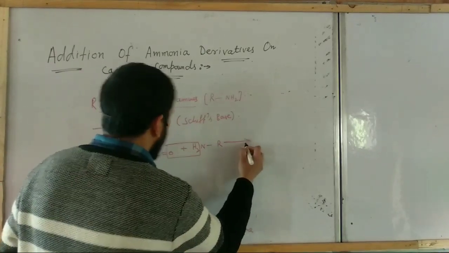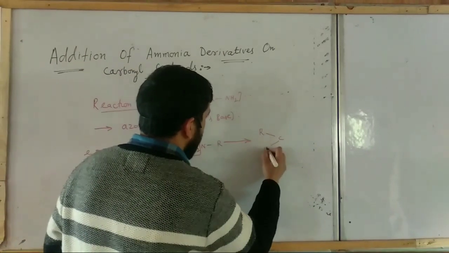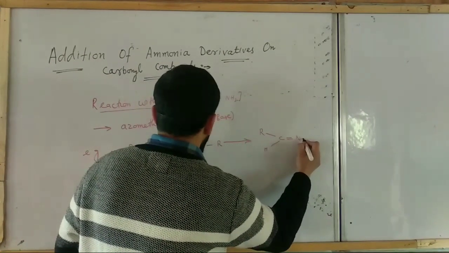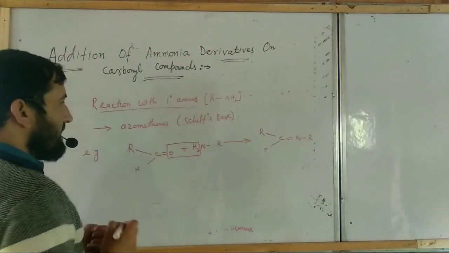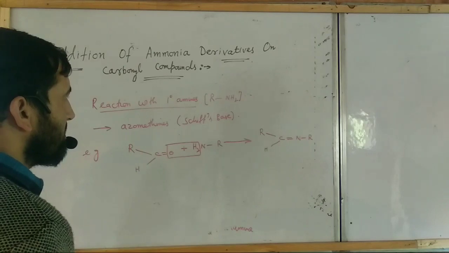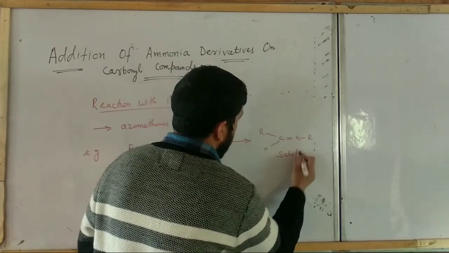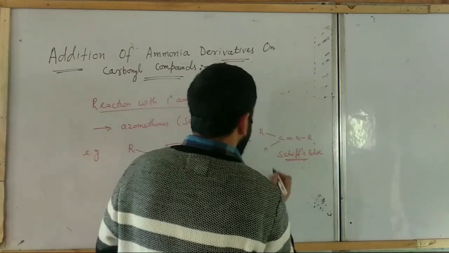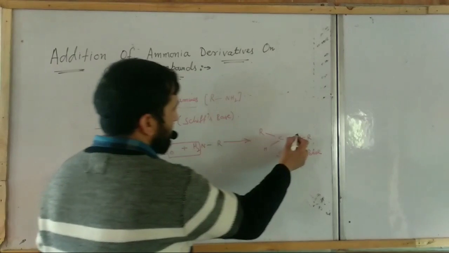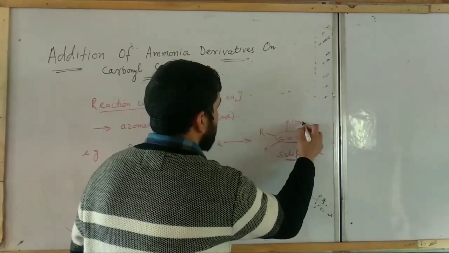As a result, there is formation of Schiff's base like RC single bond H double bond N single bond R. So this compound is our Schiff's base. In this Schiff's base, there is also the presence of a carbon-nitrogen double bond. So Schiff's base is a type of amine.